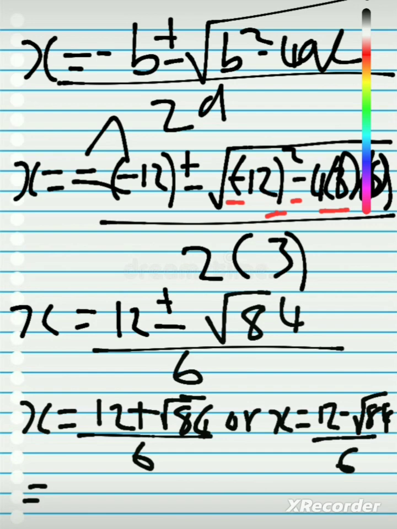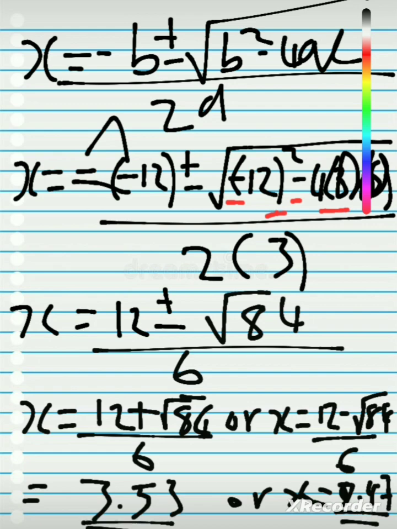So when you punch this on a calculator, you get 3.53, or on this side you get 0.47. So 3.53 and 0.47.